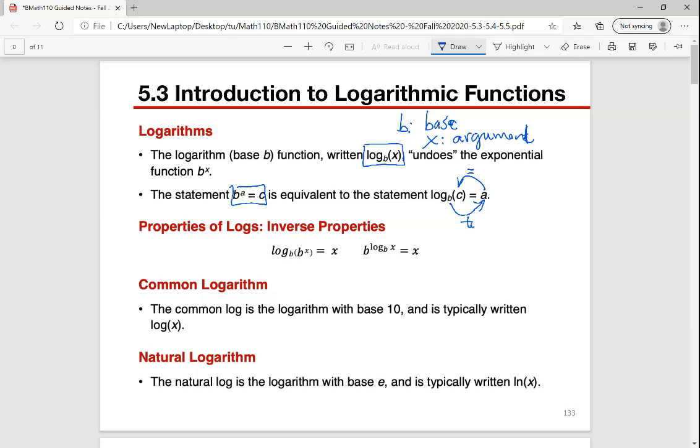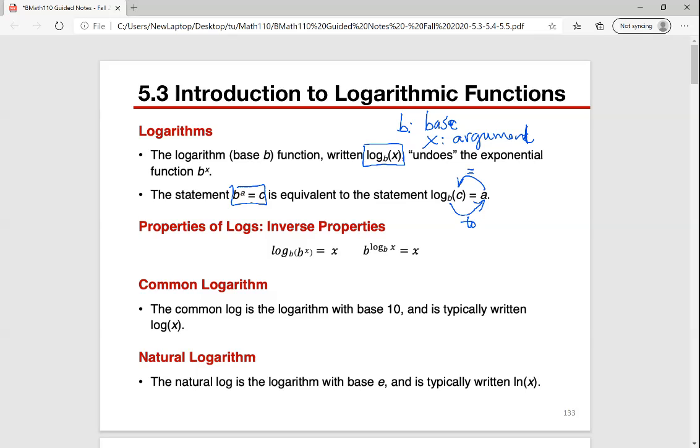So we can say b to the power a equals c. We're going to have more examples later, but for now that's it.